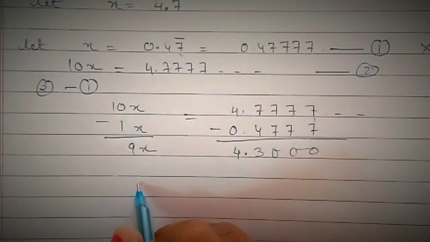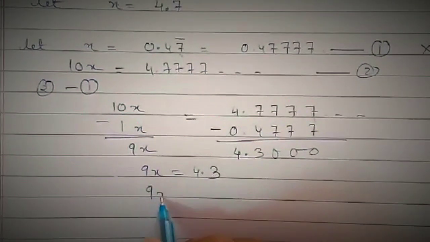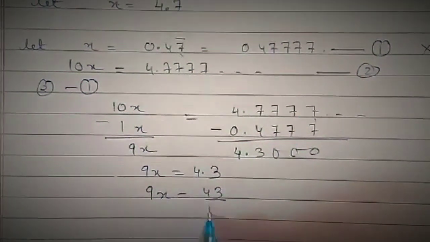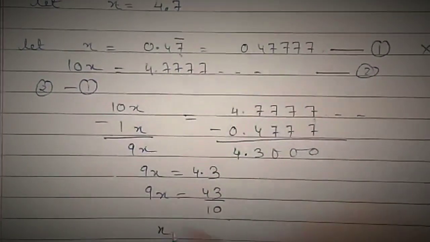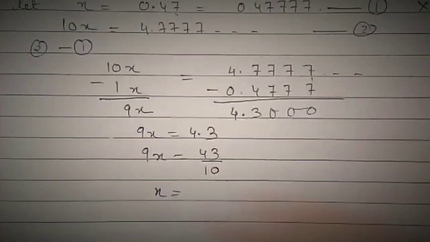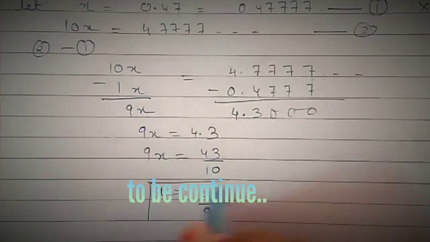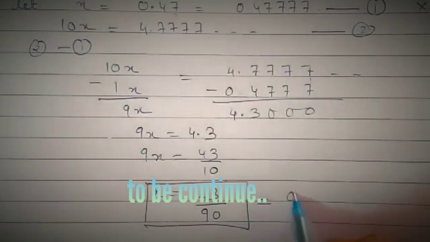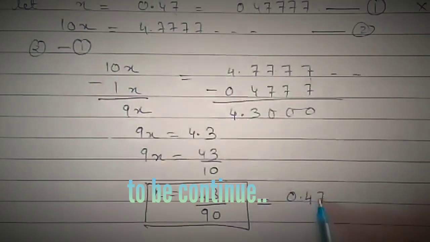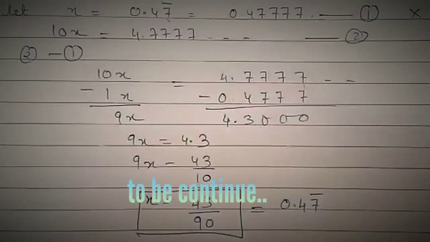So we got 9x is equal to 4.3, which can be written as 43 upon 10. And when 9 is taken to the opposite side, it will become x is equal to 43 upon 9 into 10, which is 90. So your desired number is 43 upon 90, which is actually the value of 0.47 bar, right? In this way you can complete all the sums.